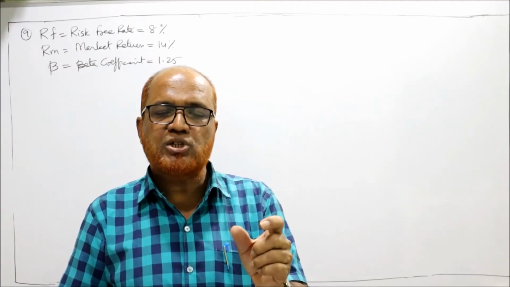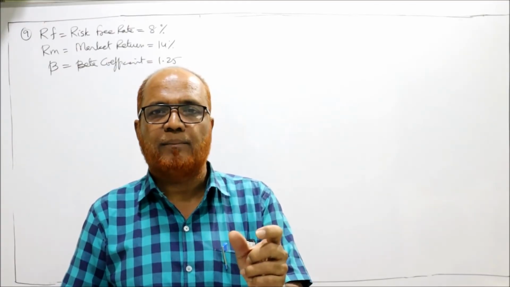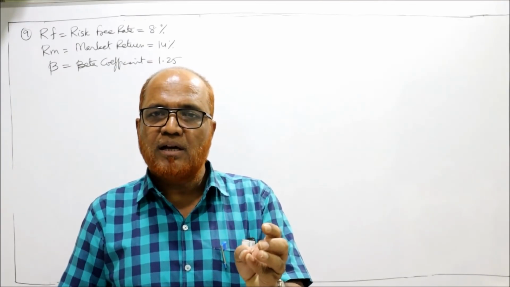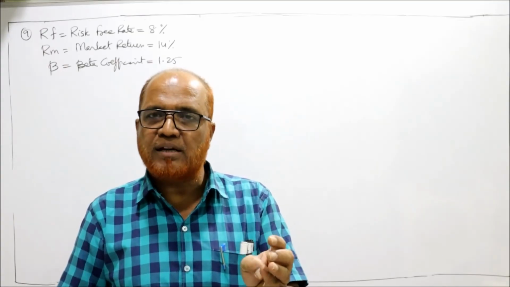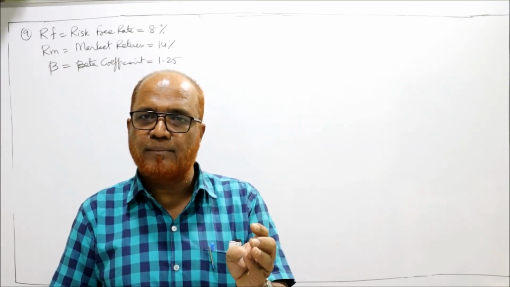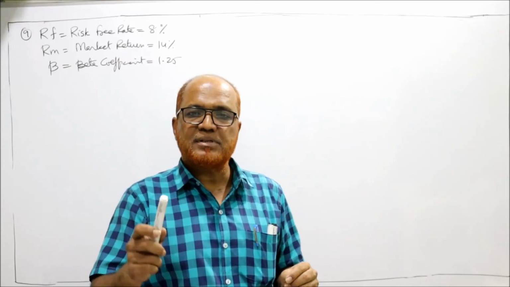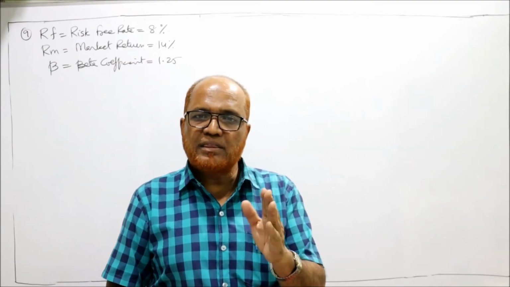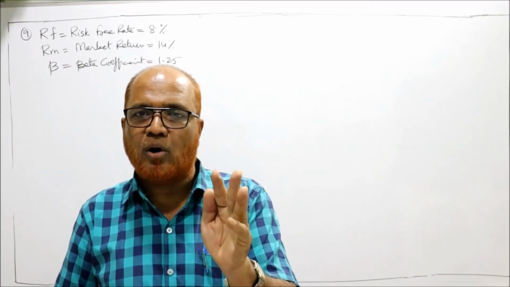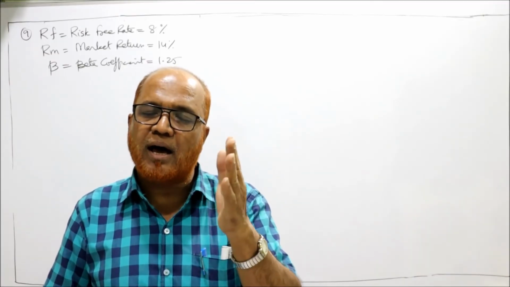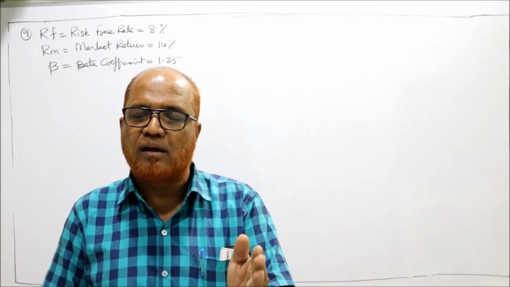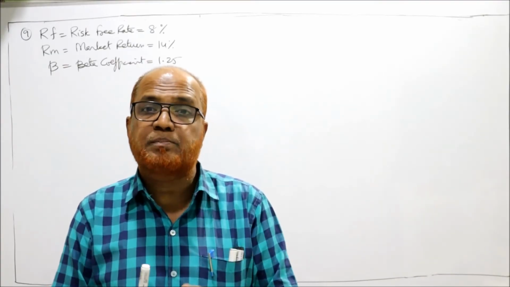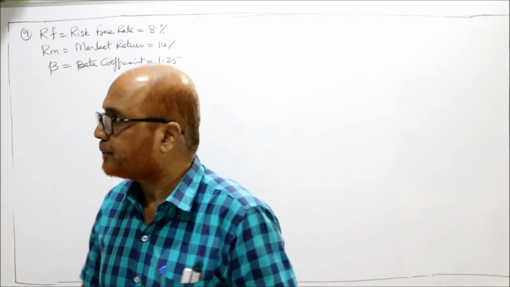This is a model which makes a relationship between expected return, systematic risk, non-diversifiable risk, and the premium. Premium is excess of market return over risk-free rate. तो जब भी ये 3 चीजें दे देंगे RF, RM और बीटा, तो समझ जाना हमको CAPM मॉडल अप्लाई करना है और CAPM मॉडल से हमको एक्सपेक्टेड रिटर्न ऑफ द स्टॉक आएगा.